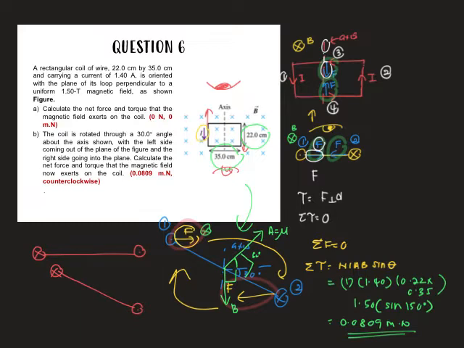The magnetic field is going to be into the page. Therefore this is number one, this is number two. The magnetic force is going to be away from me, into the page. So the force is going to be here, and this one is going to be here.